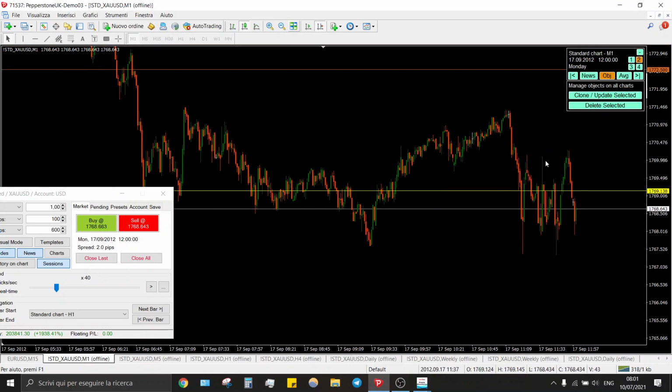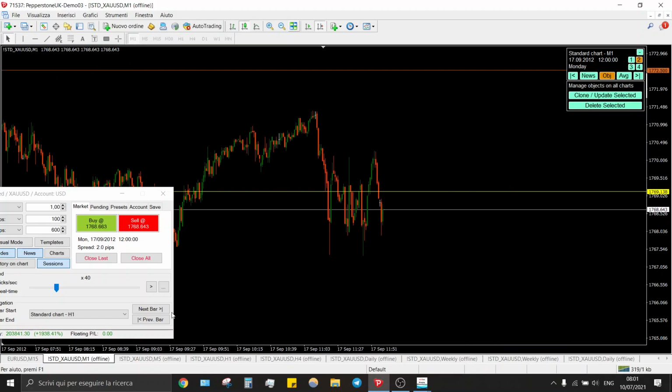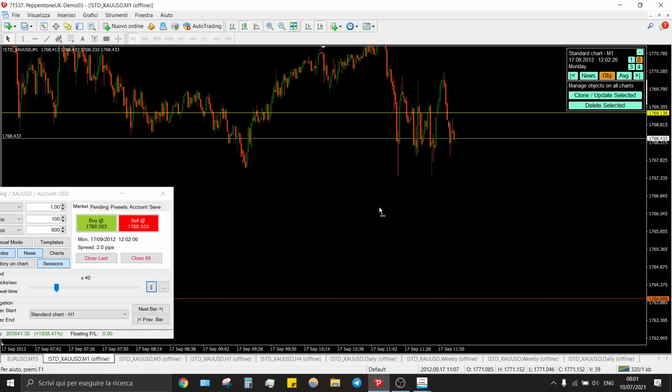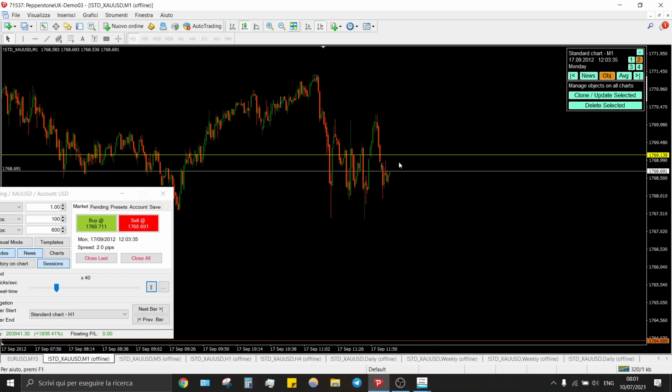Okay, so you see this choppiness at the start of New York. Let's see if price is finally closing below.